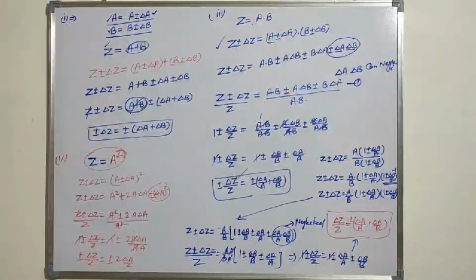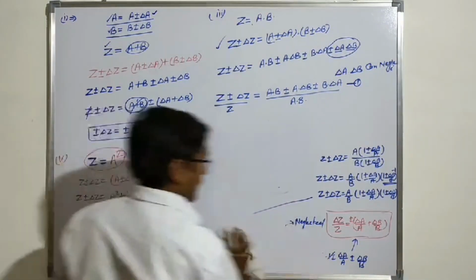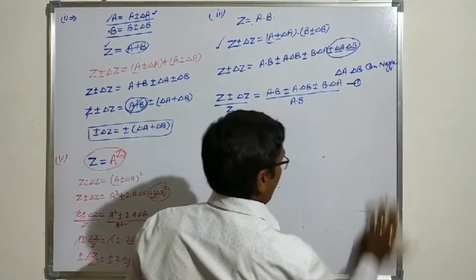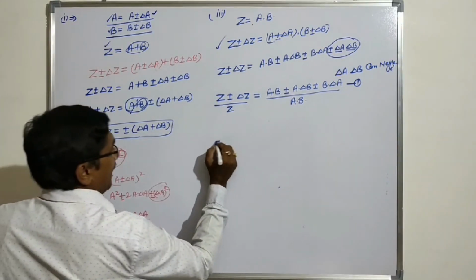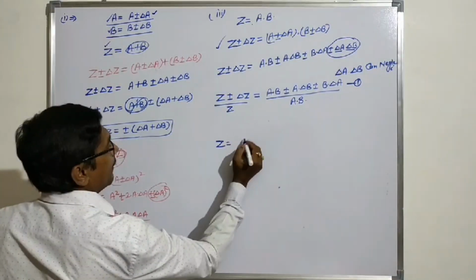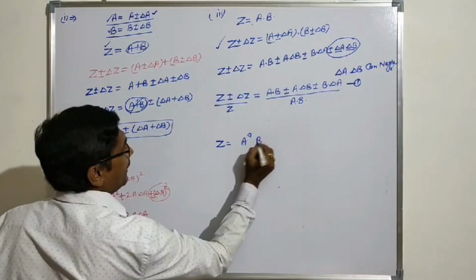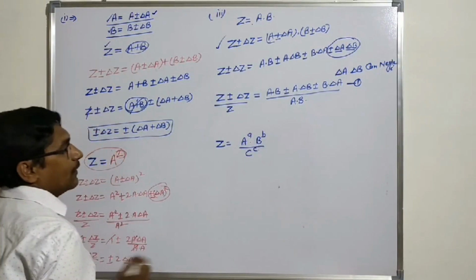And now finally I am going to explain one formula. Suppose we have z is equal to a to the power a, b to the power b, and c to the power c.